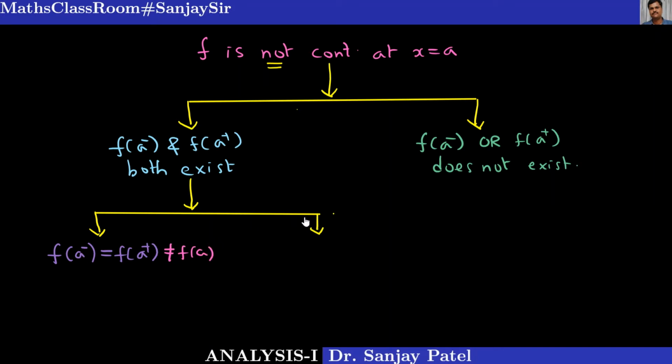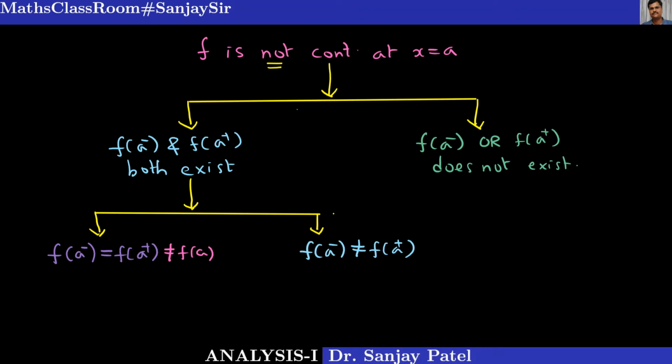Another way is that f of a minus and f of a plus are not at all equal, in which case it does not matter what the value of f of a is. So these are the three possibilities in which the function is not continuous at the point x equals a. And we name these three possibilities in this manner.